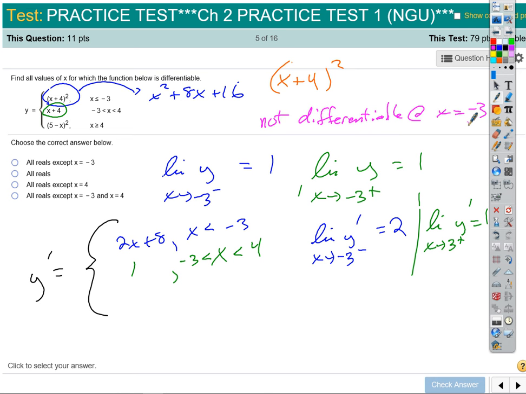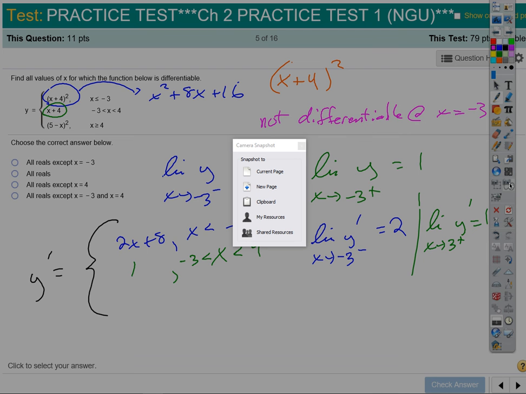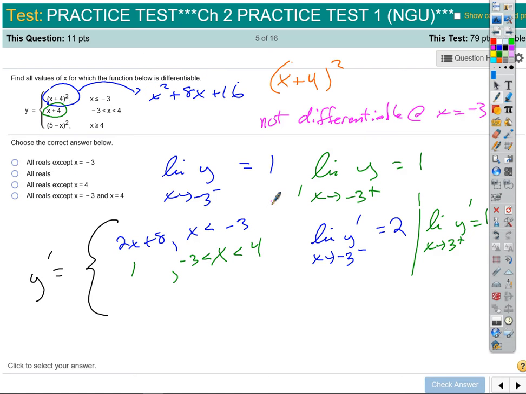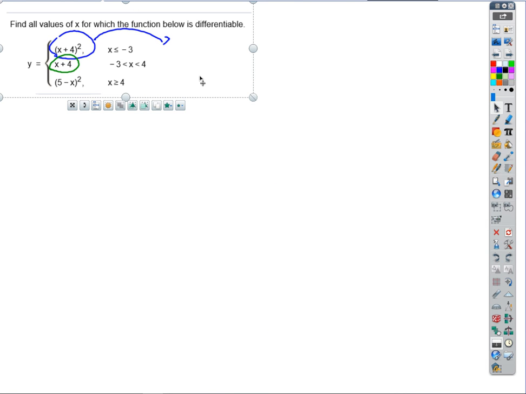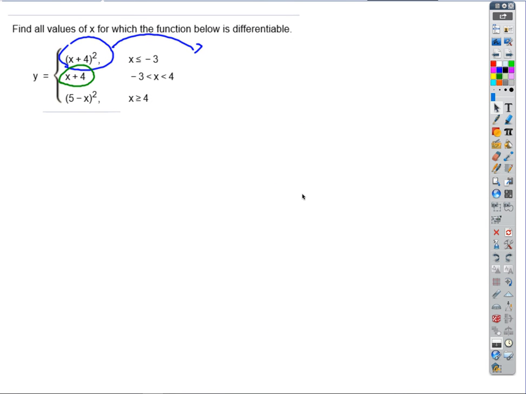Okay, what about at 4? Well, we'd have to just repeat that process. So at 4, we'll need more room. Okay, so let's see if the function's even continuous.